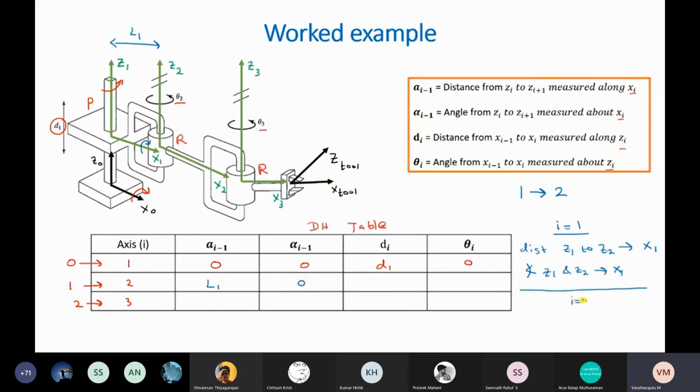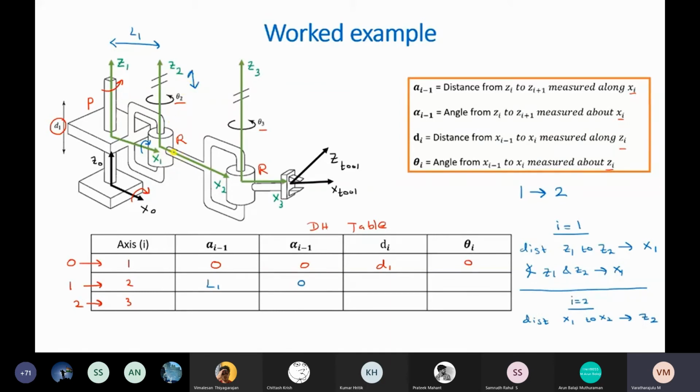Now we look at i equals 2 for the final two parameters. For d_i, we want the distance between x1 and x2 about z2, the distance between x1 and x2 in line with z2. So x1 and x2 are both on the same plane.